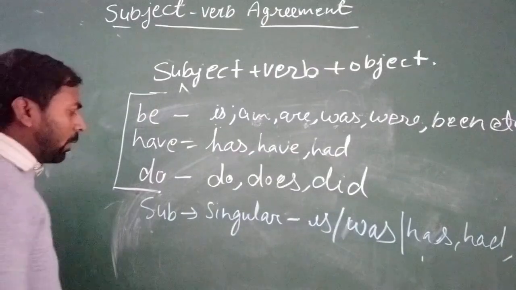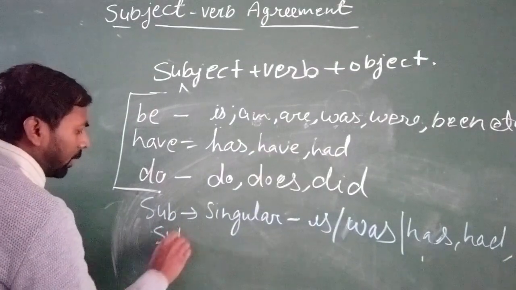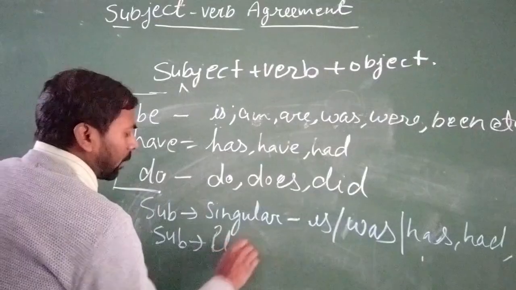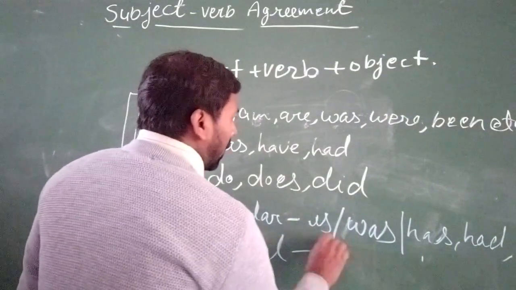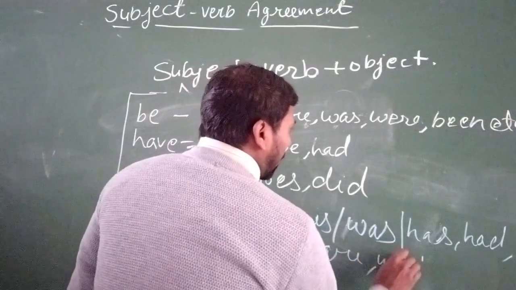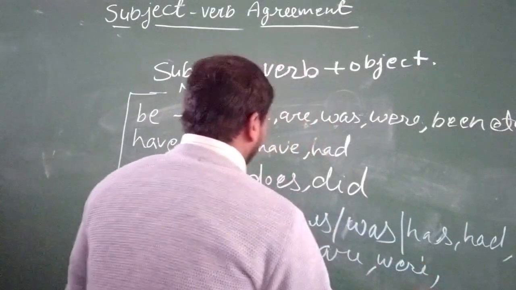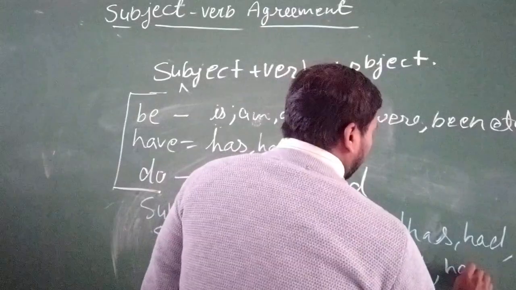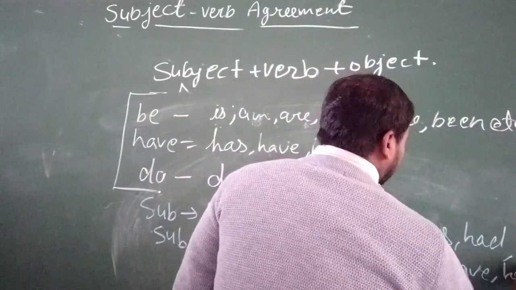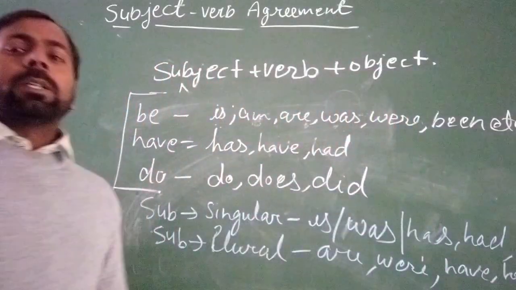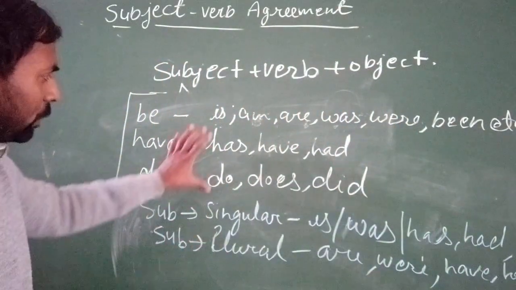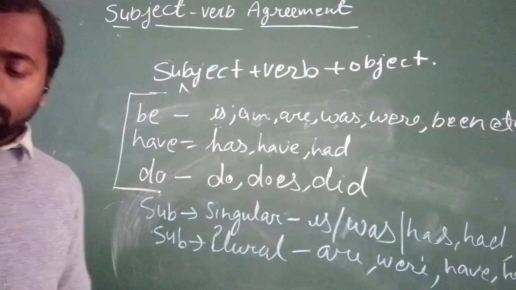If your subject is in plural form, then you always use are, were, have, had, and do, did, etc. It is used according to the subject and verb.